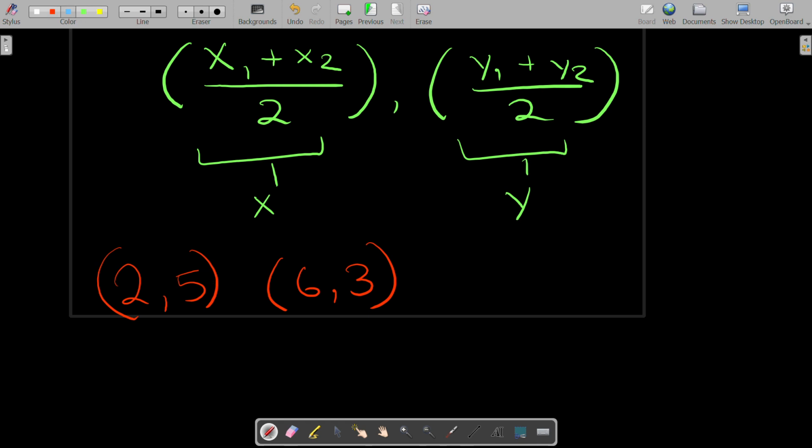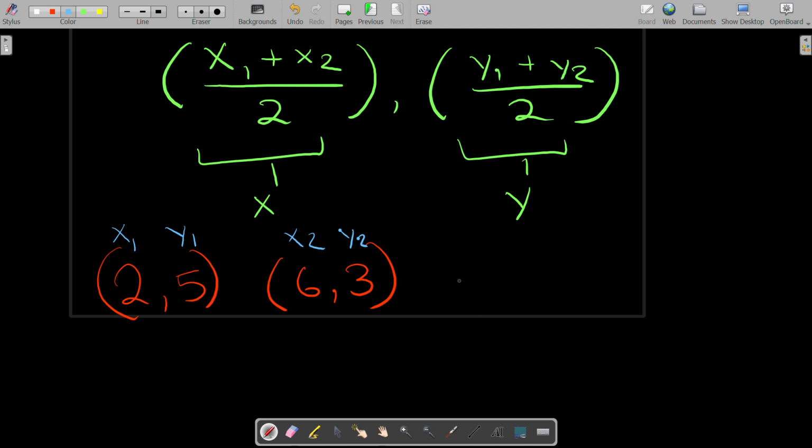The first thing I would recommend is labeling x1, y1 and x2, y2. It doesn't matter which one you label as 1 or 2. It's easier for me to go left to right, so I write the first coordinate as x1, y1 and the second as x2, y2. Now that we have them labeled, we can plug them into the formula.